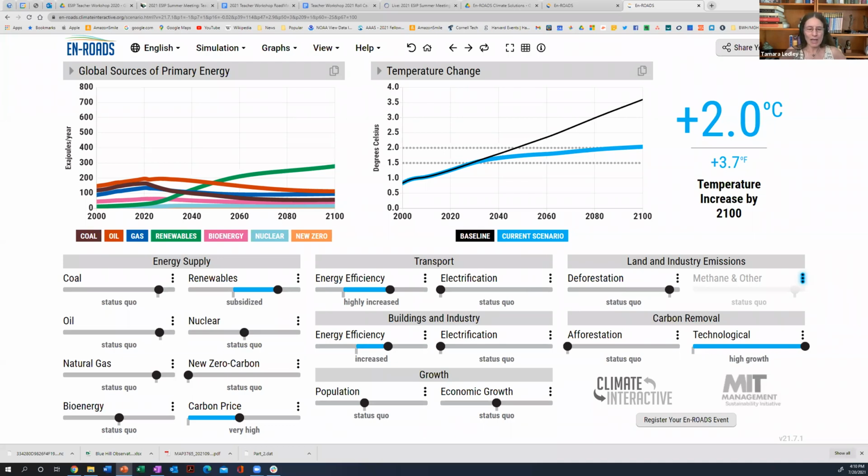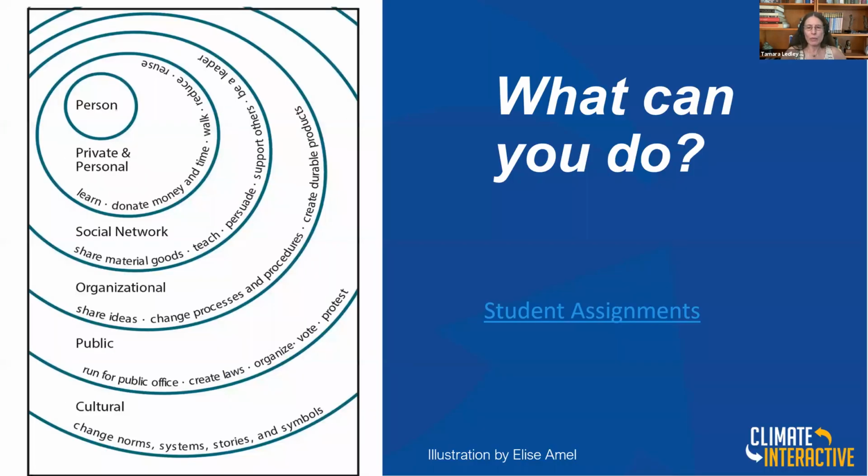And that's what this slide kind of gets at, is what people can do at a personal level. Each of your individual actions by themselves won't have a large impact. But if you can then influence your families and your students and your communities, then it will reach out and become a larger social movement, impacting organizations and the public, and ultimately changing cultural norms.